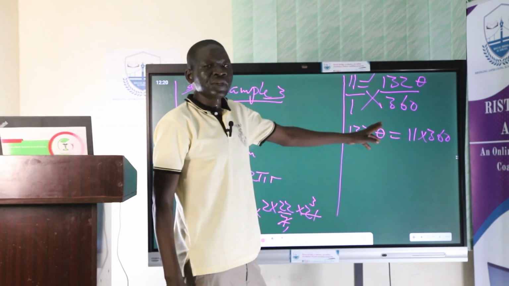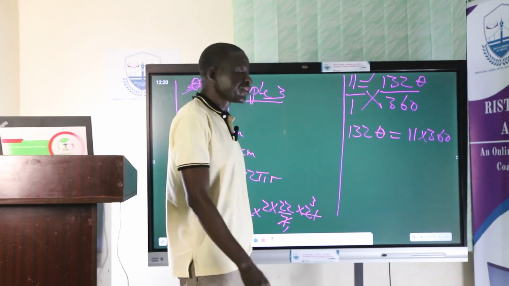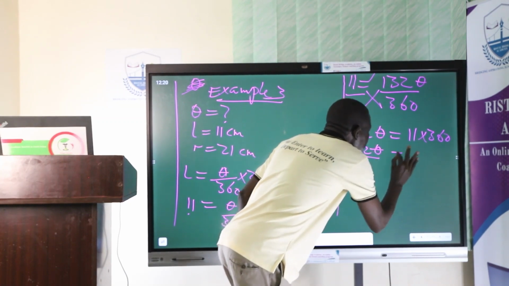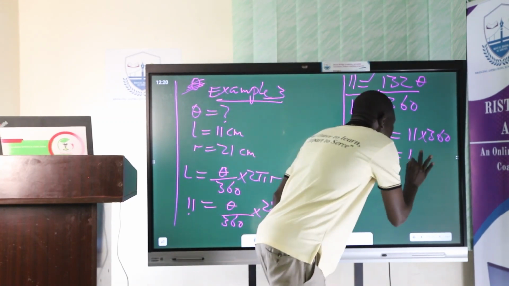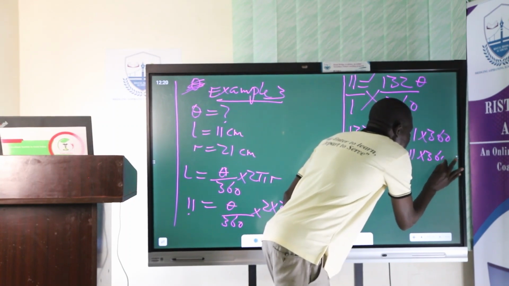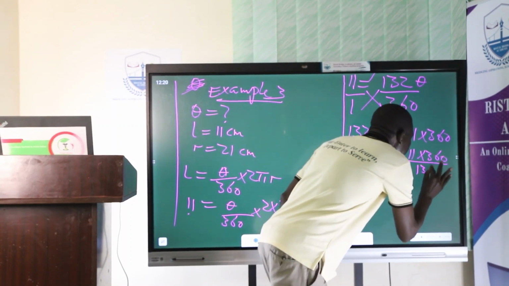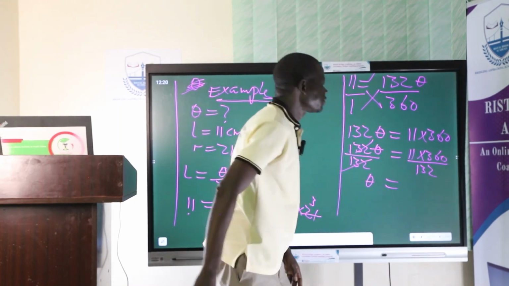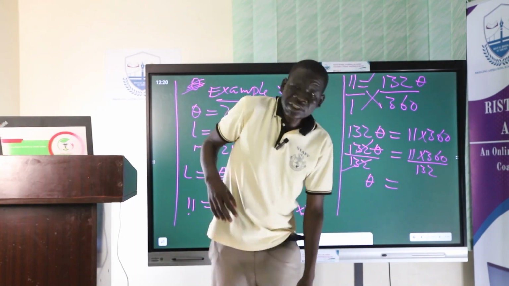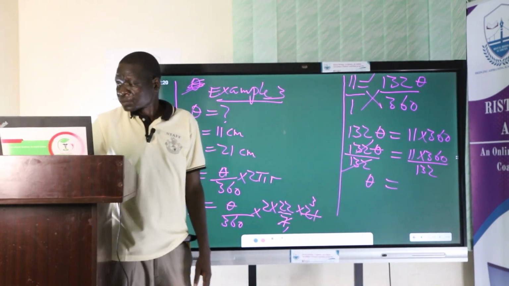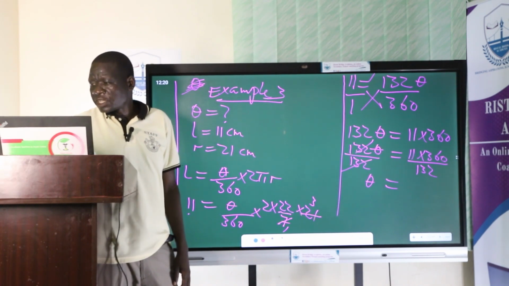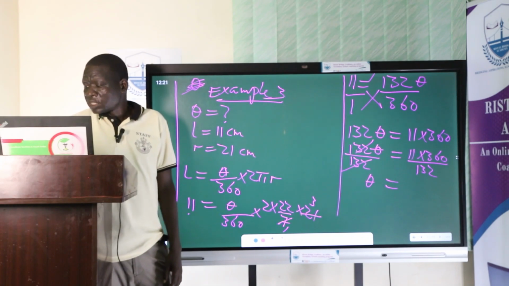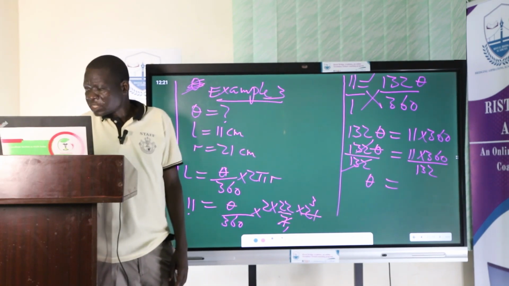Theta is equal to 11 times 360 out of 132. 360 times 11, we get 3,960. 3,960 out of 132.